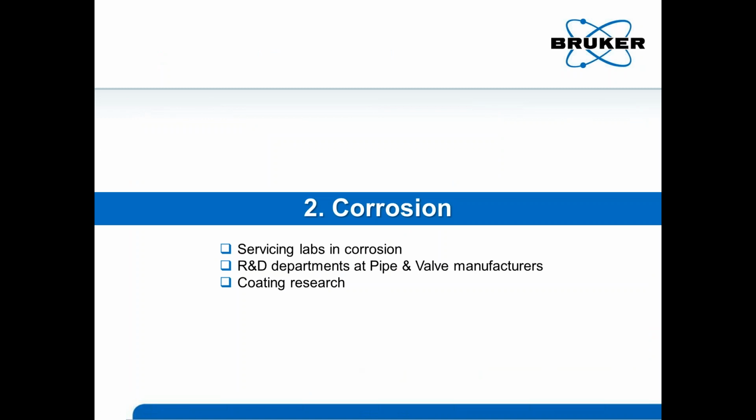The other application lies in corrosion, and corrosion is a big topic, for instance in automotive, but even bigger when we think about pipe and valve manufacturers for oil and gas. The same applies to all the coating research that aims to prevent corrosion.